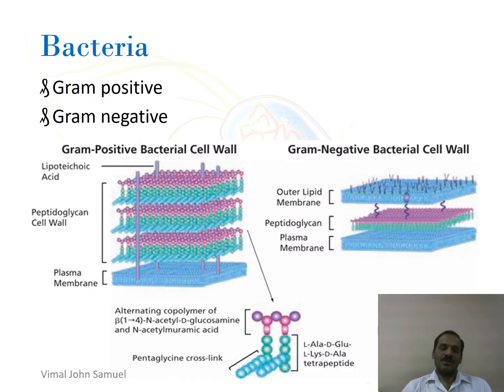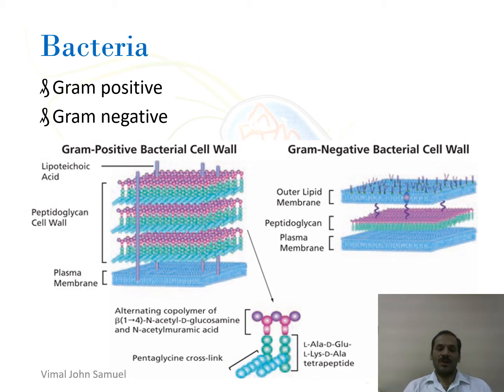Now, what is the common difference between bacteria? We have different types of bacteria, which we commonly classify as gram-positive and gram-negative organisms. Gram staining is a procedure with which we identify these gram-positive or gram-negative organisms.